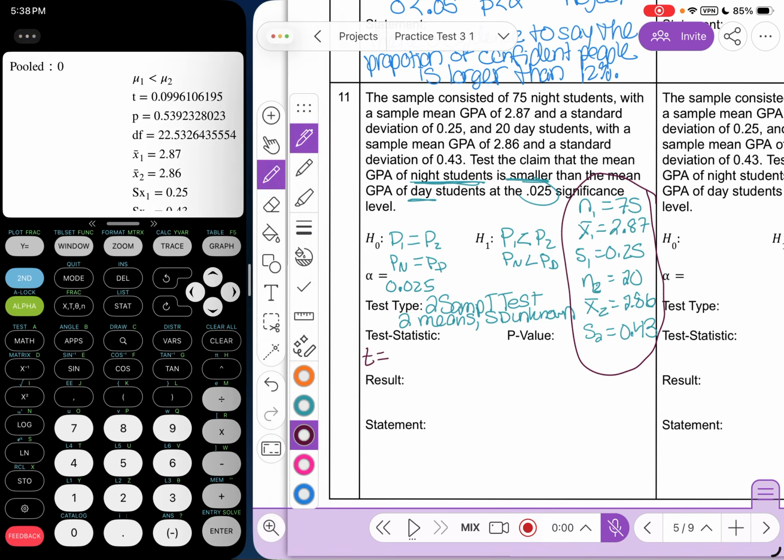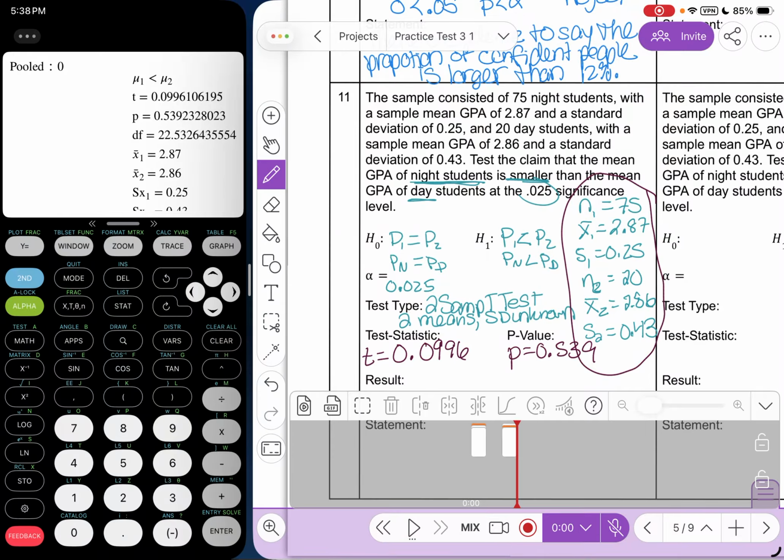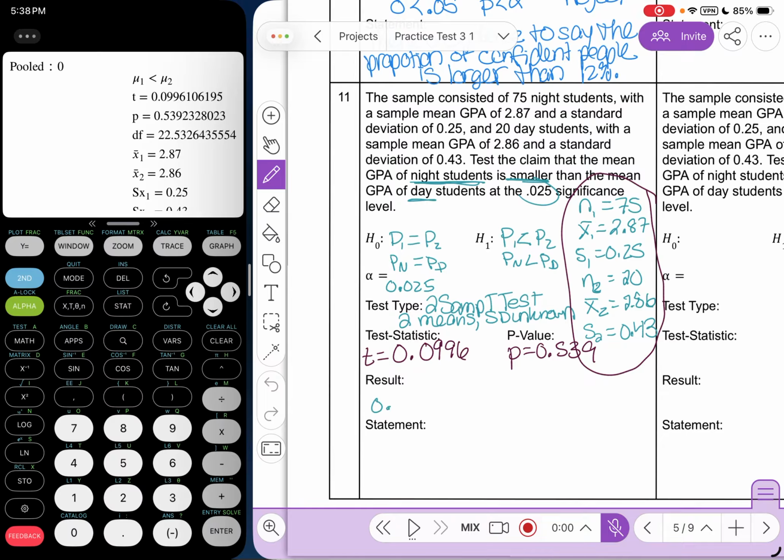Test statistic. T equals 0.0996. P is 0.539. So now we compare. 0.5 is greater than 0.025. So P is greater than alpha.